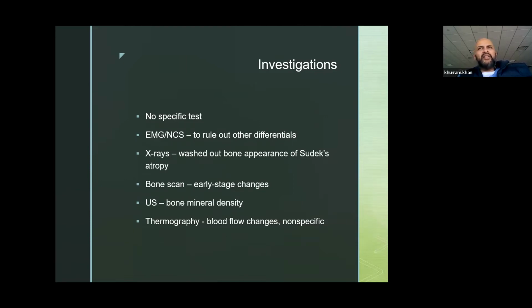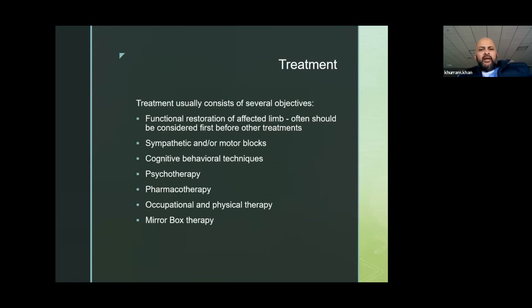But none of them are specific. None of them are the gold standard diagnostic test for the CRPS. The gold standard for the diagnosis is currently, as of now, Budapest criteria, as I mentioned earlier.